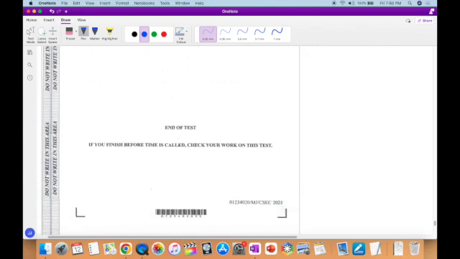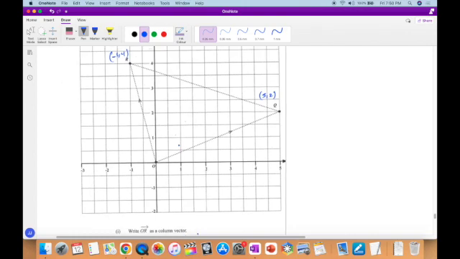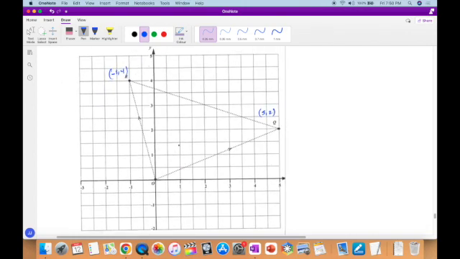Determine the modulus of QR, and that's the end of the test. So first of all, we have to find what QR is.